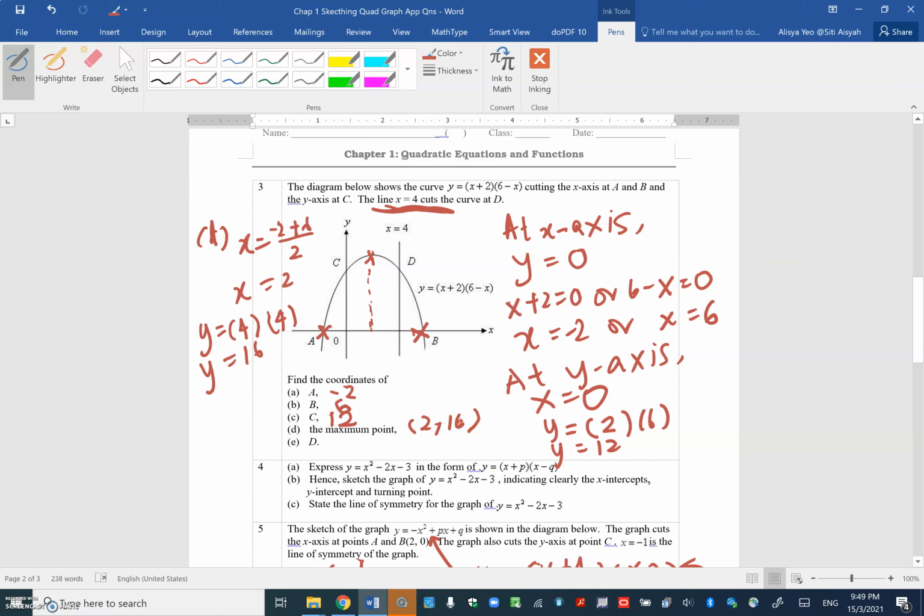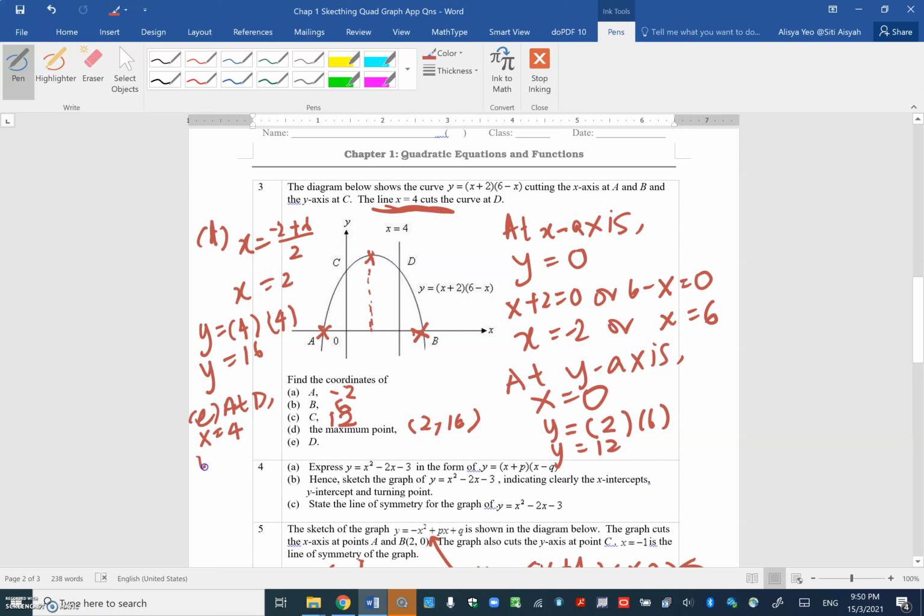And then they ask you to find the coordinates of D. Now, D is actually the point of intersection between the line x equals 4 and the curve. So what you do is you just sub in x equals 4 into the equation. You should get, okay, so part E at D, x equals 4.